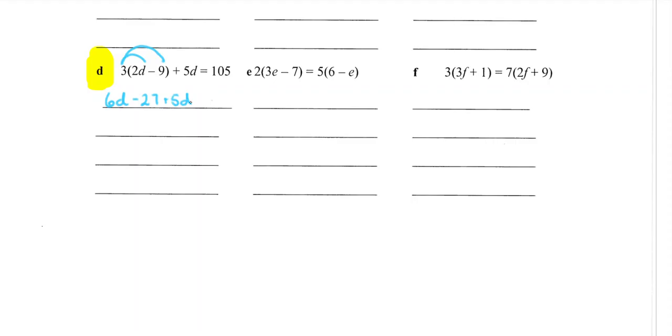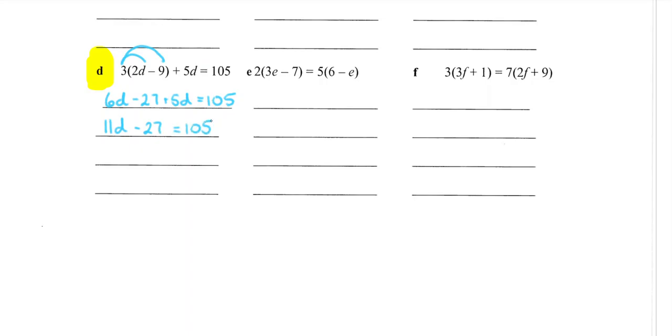It's just sitting on the end. And then equals 105. So we have 2D terms. We have the 6D and the 5D, but they're on the same side. If they're on the same side, don't do opposites, just collect them up. 6 plus 5 makes 11D minus 27 equals 105.